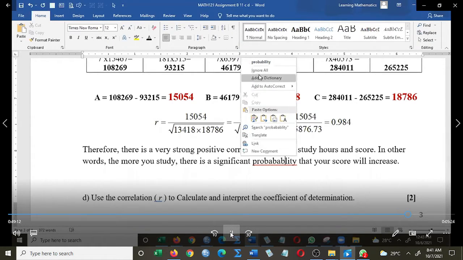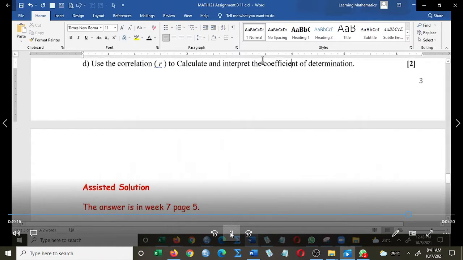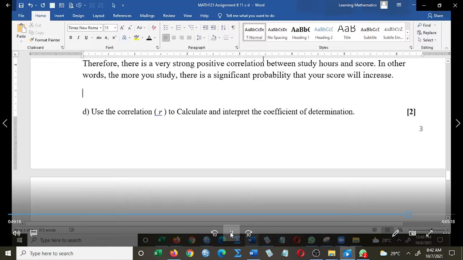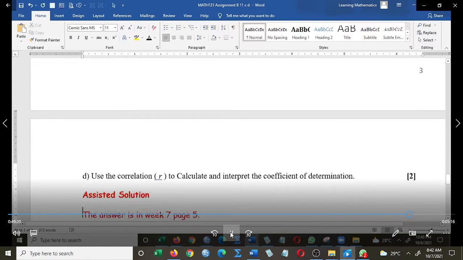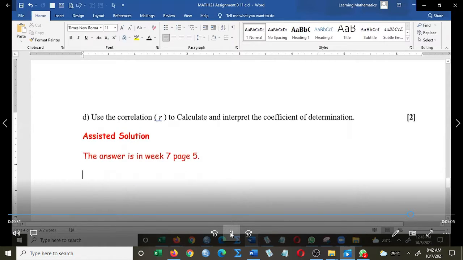Right. So let's calculate the coefficient of determination. We have space for that. We'll have to go in the next page. You can get assistance in week 7, page 1, to calculate the coefficient of determination because we just have 3 minutes. It's a very simple calculation. I'll do the steps. First, you square the correlation.